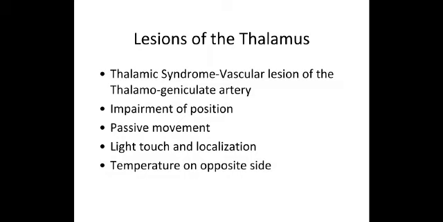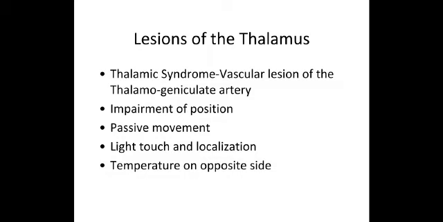Bleeding or hemorrhage following very high blood pressure is another cause. Depending on the degree and site of block, other areas are also affected. Collectively, manifestations are called thalamic syndrome, a vascular lesion involving the thalamogeniculate branch of the posterior cerebral artery.